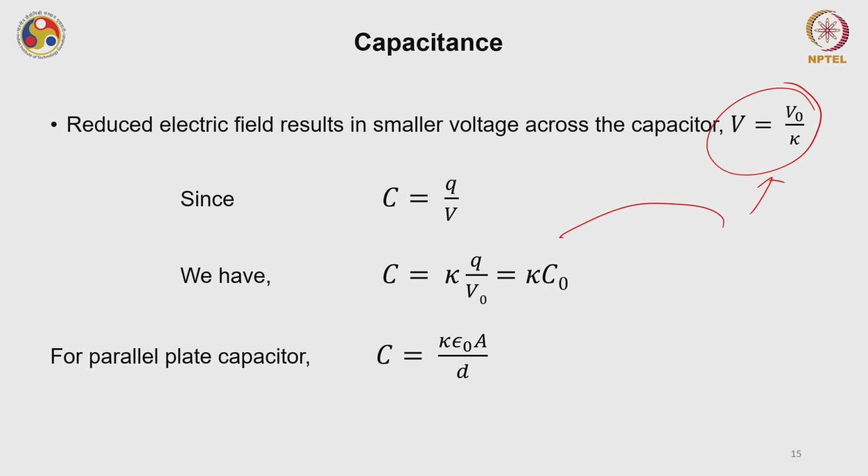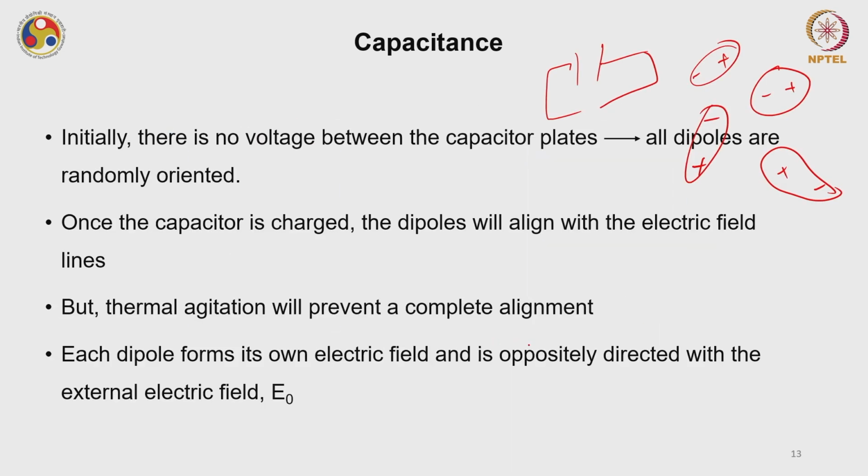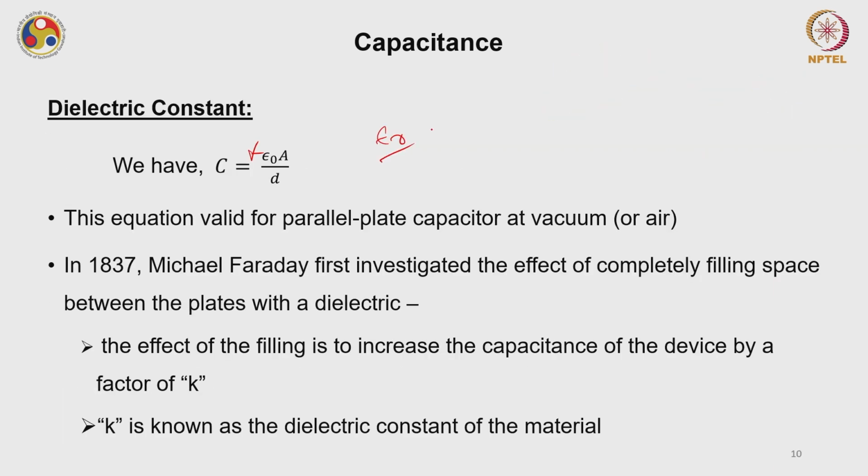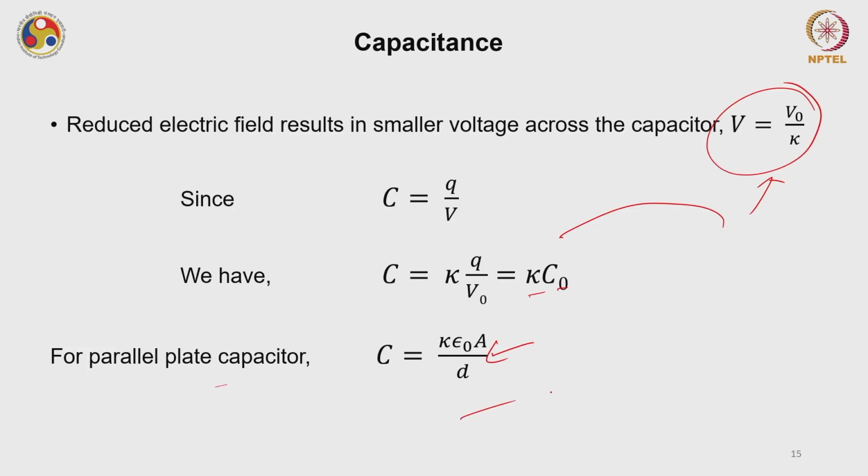We have already seen that if a capacitor is carrying a charge Q, the capacitance can be calculated as Q by V. So we have C equal to K into C naught, or for a parallel plate capacitor, C equal to K epsilon naught A by D. So we have reached the same point which we were discussing some time back: if epsilon r is the relative permittivity of the new material being inserted between the two parallel plates, the capacitance will change to K epsilon naught A by D. So we have reached the same point.